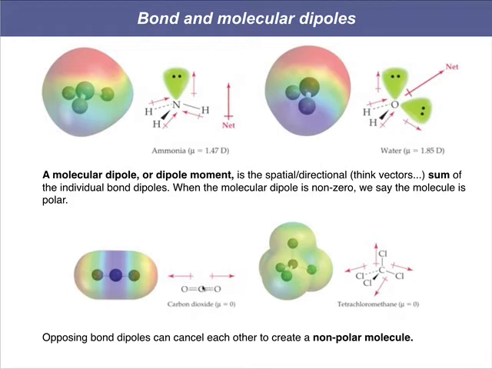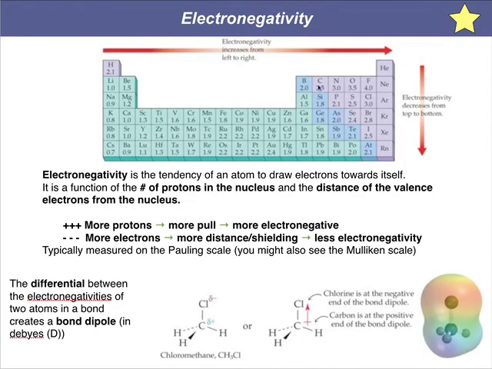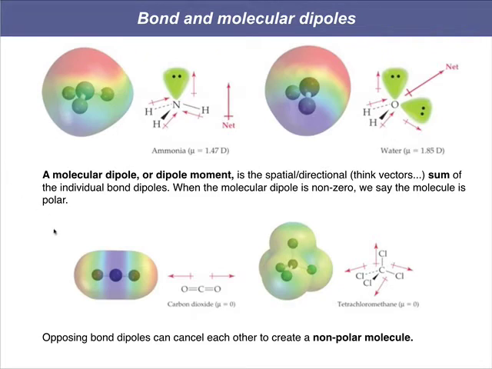So here's carbon dioxide, and we've got, again, two dipoles, carbon to oxygen. We can check our numbers. Carbon is 2.5, oxygen is 3.5. So that's significantly different. And we have the positive end on carbon in both cases and the negative end on oxygen in both cases.